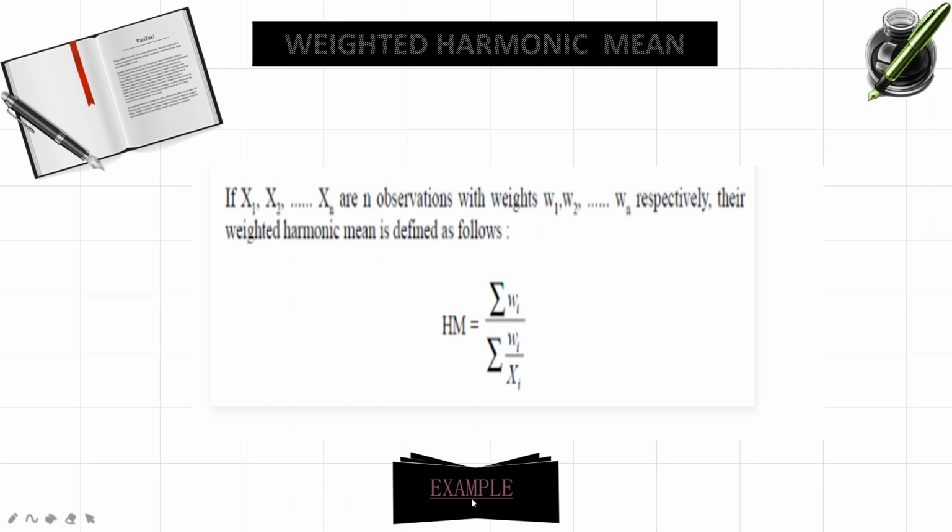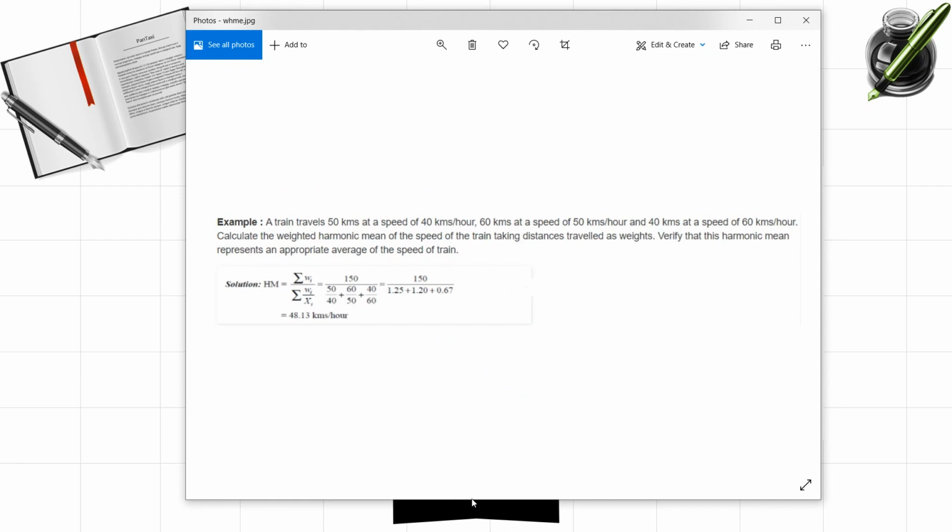Let me give one small example for understanding this. A train travels the first 50 kilometers at a speed of 40 kilometers per hour, the next 60 kilometers at a speed of 50 kilometers per hour, and the next 40 kilometers at a speed of 60 kilometers per hour. We have to calculate the weighted harmonic mean of the speed of the train, taking distances travelled as weights.